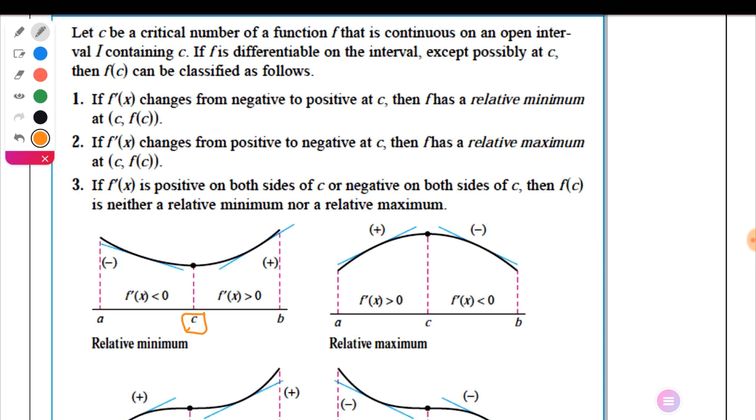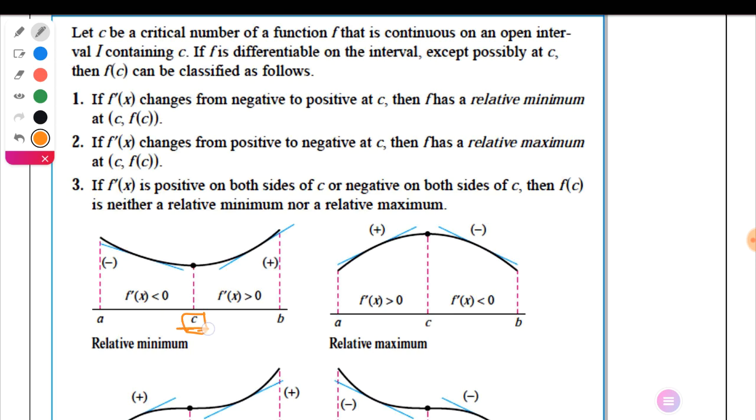At the critical number, the function maybe has a relative maximum, a relative minimum, or does not have any extrema, neither a relative minimum nor a relative maximum. It means not at each critical number do we have extrema. We have extrema if the behavior of the function changes around this critical number.